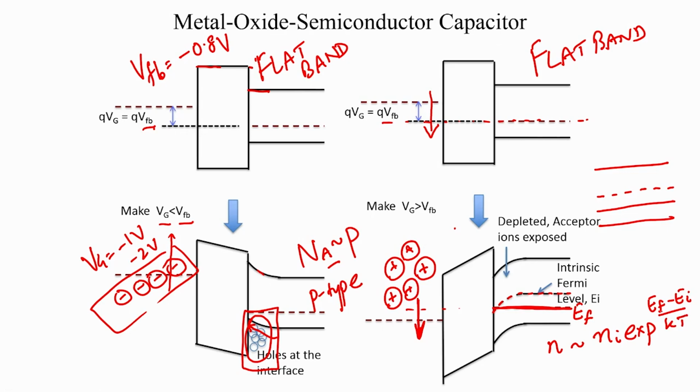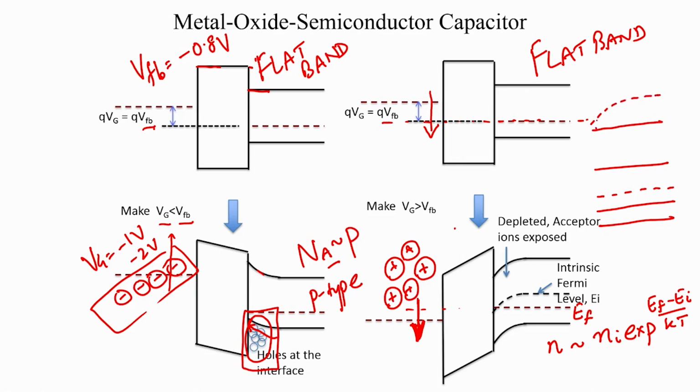So, it is only when EF is greater than EI will the electrons start appearing. So, as you are bending the bands, for a very low positive gate voltage, so let us say Vg is just slightly above VFB, the bands would not have bent to that extent. So, let us say the bending was only so, let us say this is the Fermi level, and let us say the intrinsic Fermi level is just bent this much.